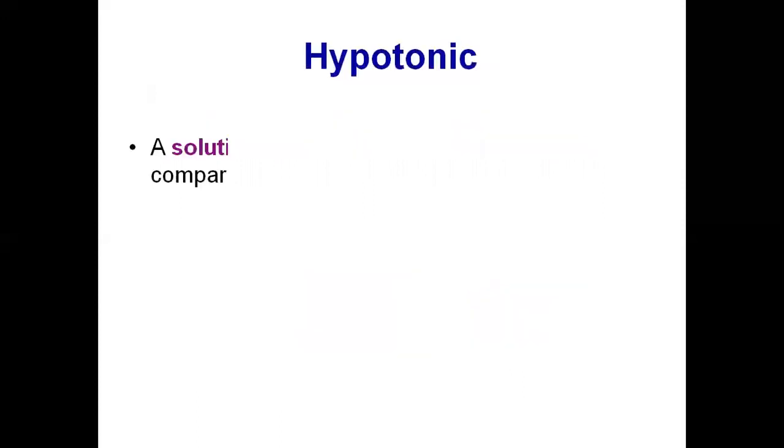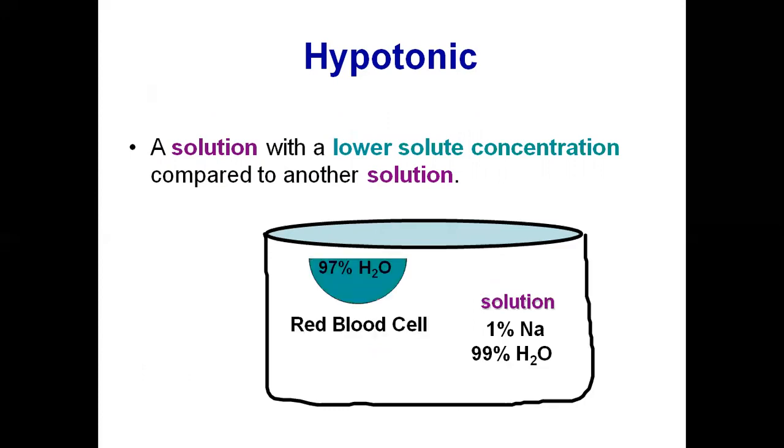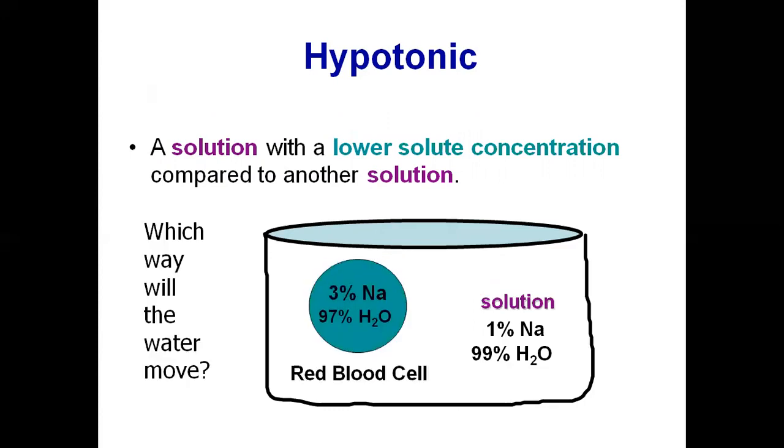So what is meant by a hypotonic solution? A solution with lower solute concentration compared to the other solution. Again here we can see which way the water moves. This red blood cell has 3% NaCl and 97% water, but the solution has 1% NaCl and 99% H2O.